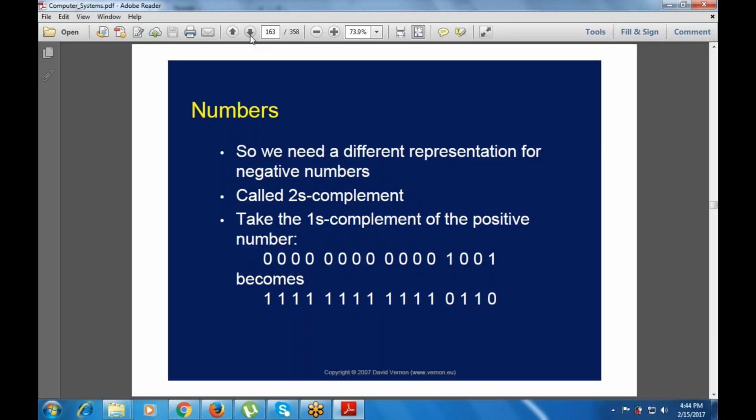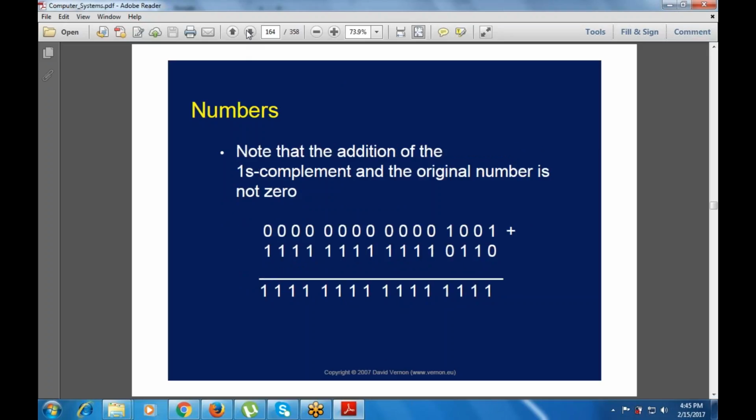So we need a different representation for negative numbers, known as the 2's complement. Take the 1's complement of the positive number.